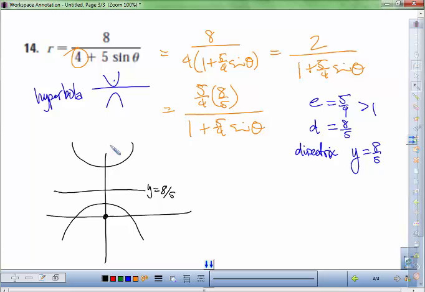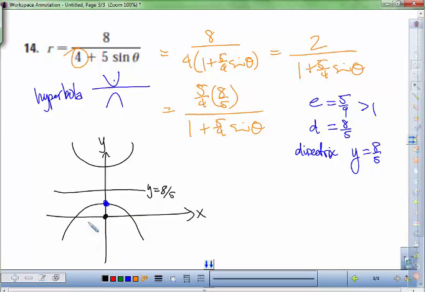So let's figure out where this thing crosses the x-axis, or the y-axis. Let's figure out where it crosses the y-axis. This is your x, this is your y. Any ideas on how to find that point where it crosses the y-axis? Let me give you a couple of points here.